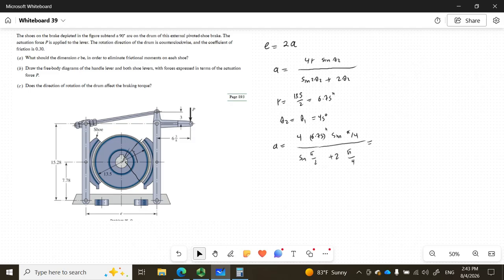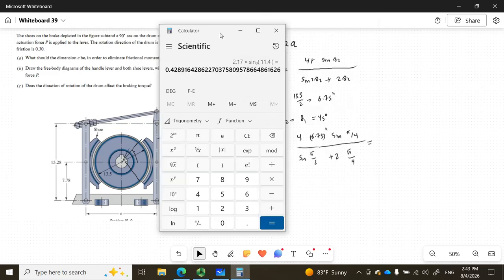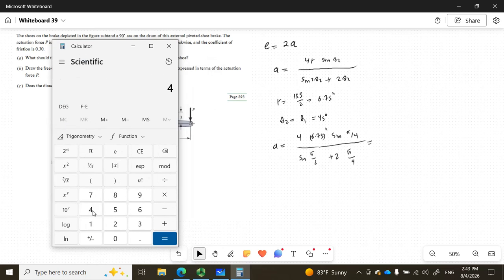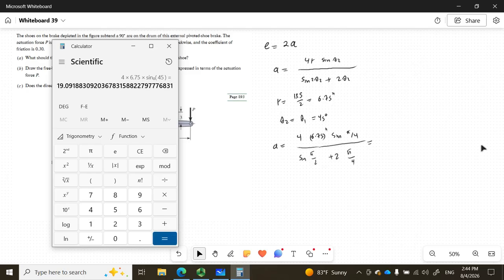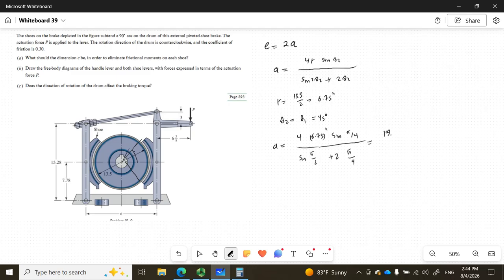Okay, let's find this. We have a calculator handy. 4 times 6.75 times sine of 45. This is the numerator, 19.09.